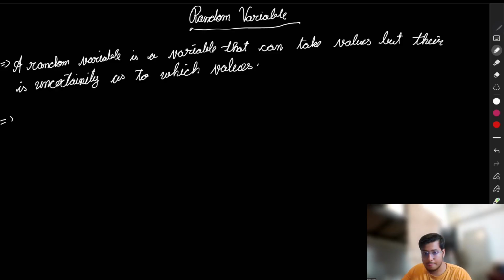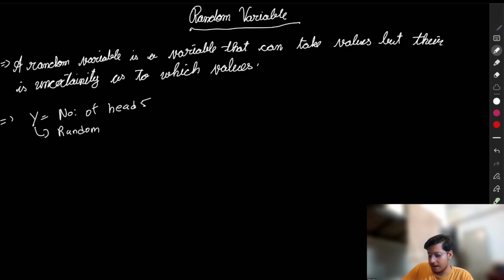For example, y is, let's say we are tossing two coins. So y is equal to number of heads. Here y is our random variable. Why?